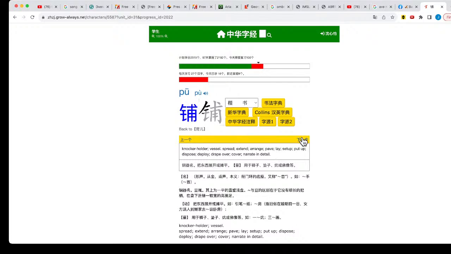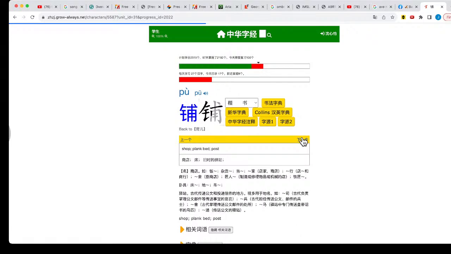Now, the next pronunciation is 铺 pù. When you say 铺, that means shop, or a plank bed.